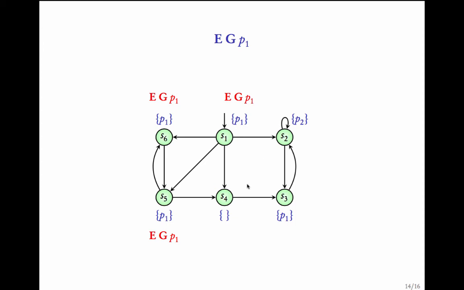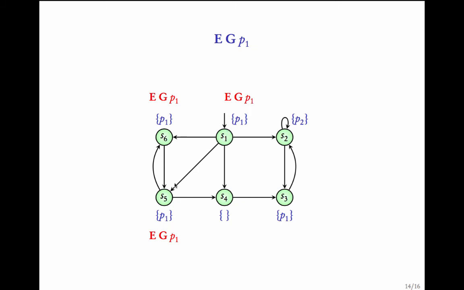Now look at the predecessor of S4, say S5. S5, S6 and S1 are still marked with EGP1. Let's see what happens. Look at S5. There exists an edge which leads to a state satisfying EGP1. So we do not remove the label as of now. Look at S1.